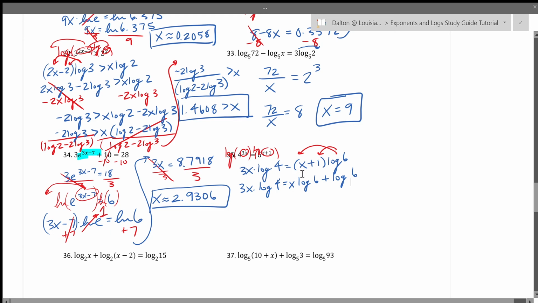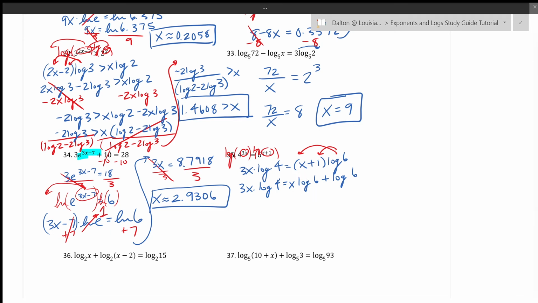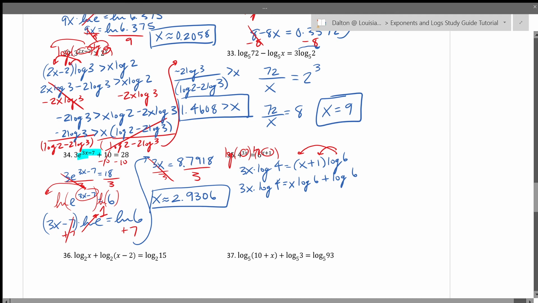And then I want to get my x's, the log terms with x's, to the same side of the equation. So if I move this x log of 6 term, and I subtract that from both sides, then the left side becomes 3x times the log of 4 minus x times the log of 6 equals the log of 6.